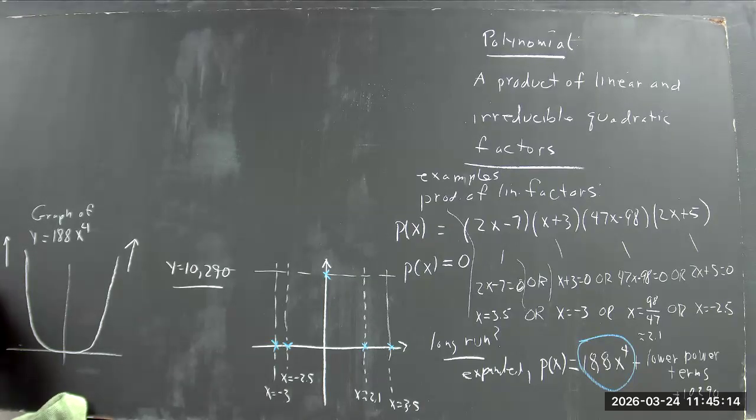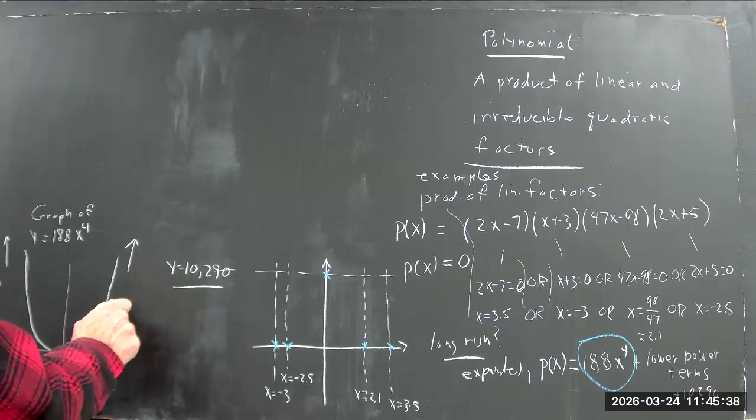It approaches plus infinity as x approaches negative infinity. In other words, as we keep going to the left, the graph keeps going up faster and faster, toward plus infinity.